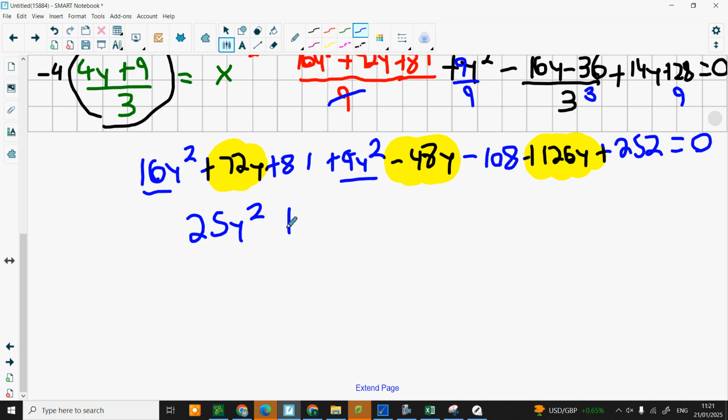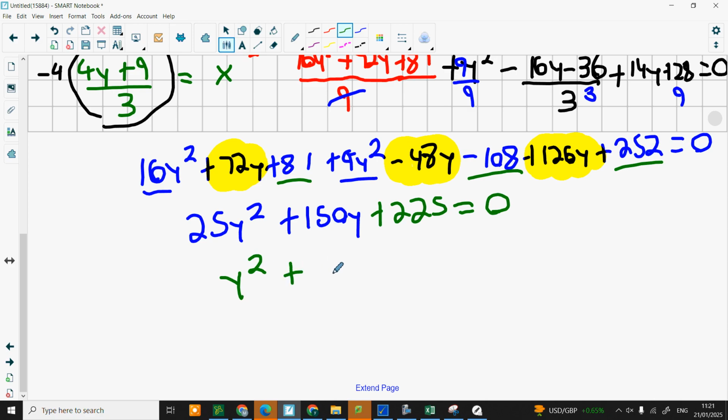Thanks. And finally, hit me up with an answer for the regular number at the end. 225 plus? Okay. And they're all divisible by 25, aren't they? Y squared plus. All right, that's grand.